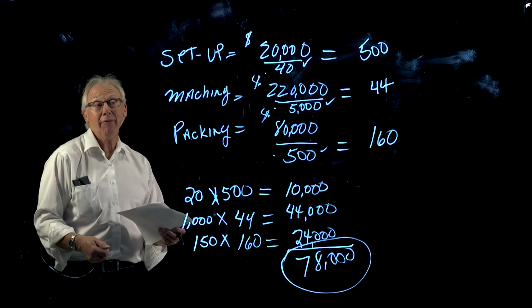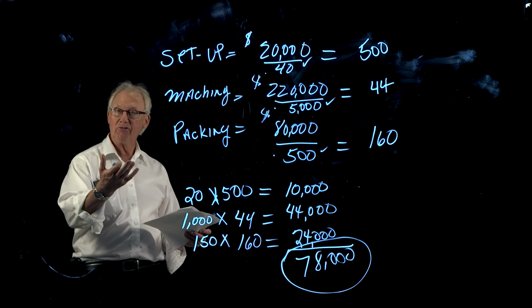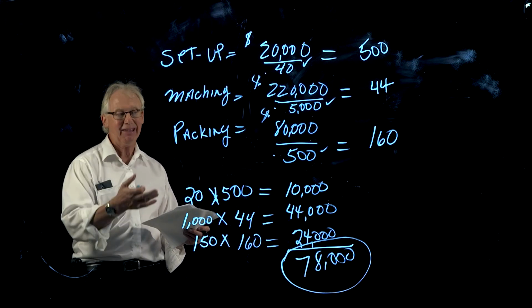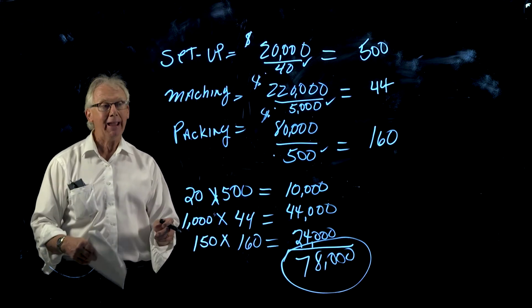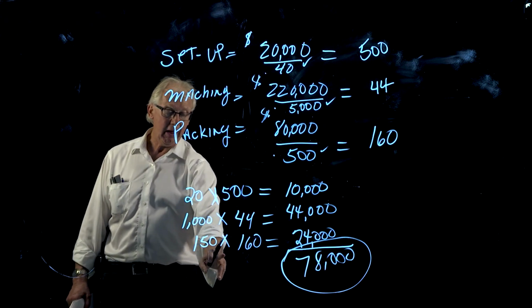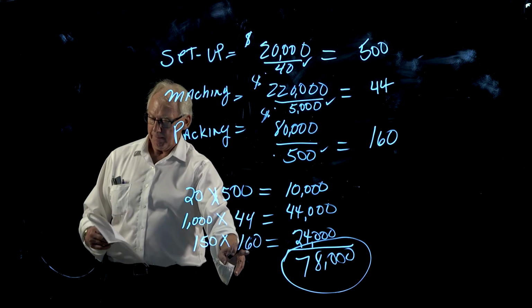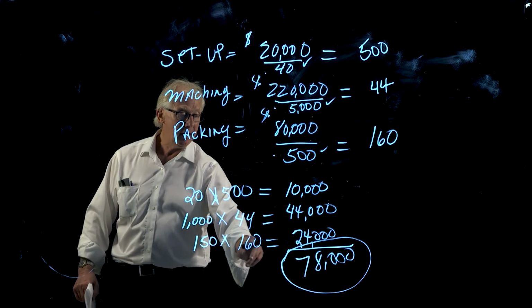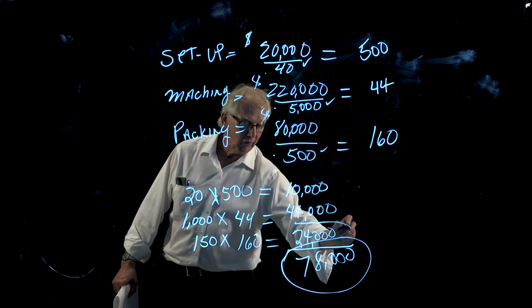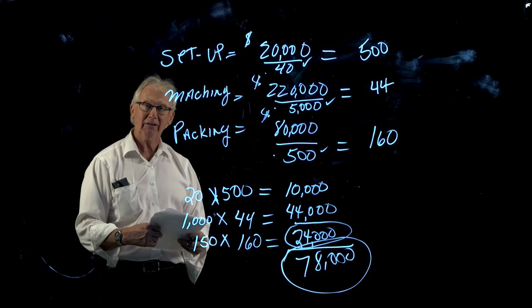Okay, and if they would ask you how much overhead would be allocated to say just one activity like packing, all you'd have to do is figure out the rate for packing, and you'd look at how many moves product A1 used in packing, and this would be the amount of overhead allocated just for the packing activity.